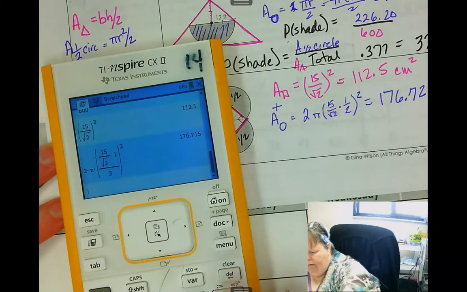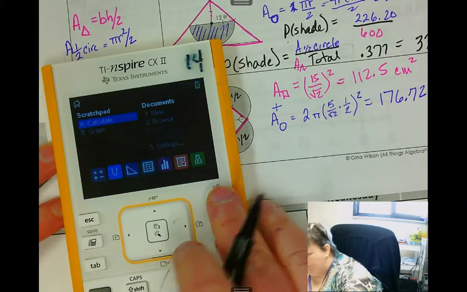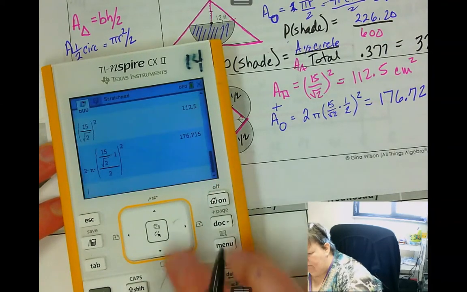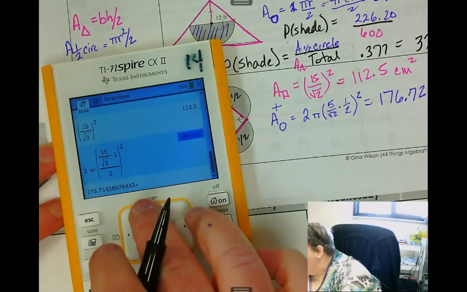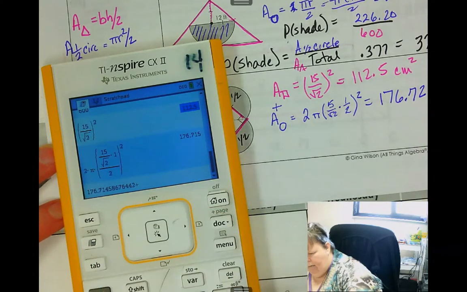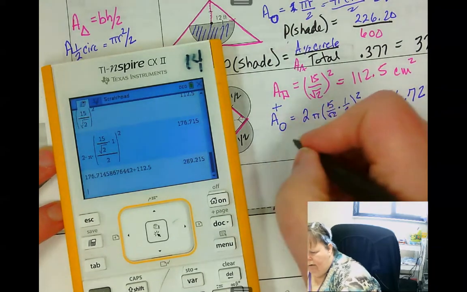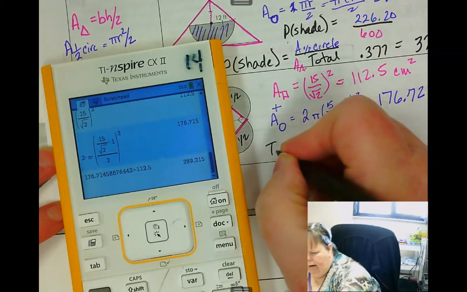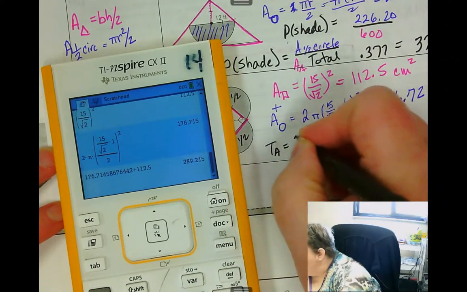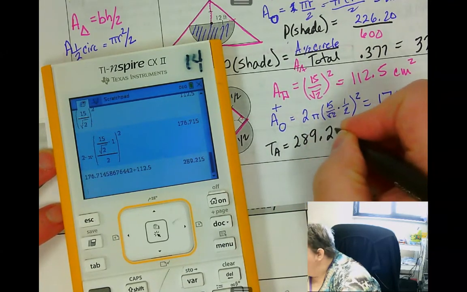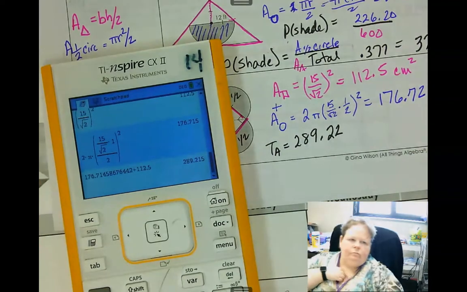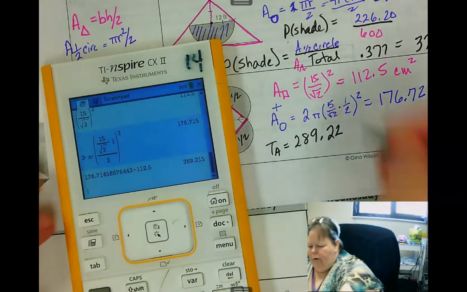So we're going to add, arrow up, I'm going to add that plus, arrow up, grab the 112, equals. The total area equals 289.22 square centimeters.